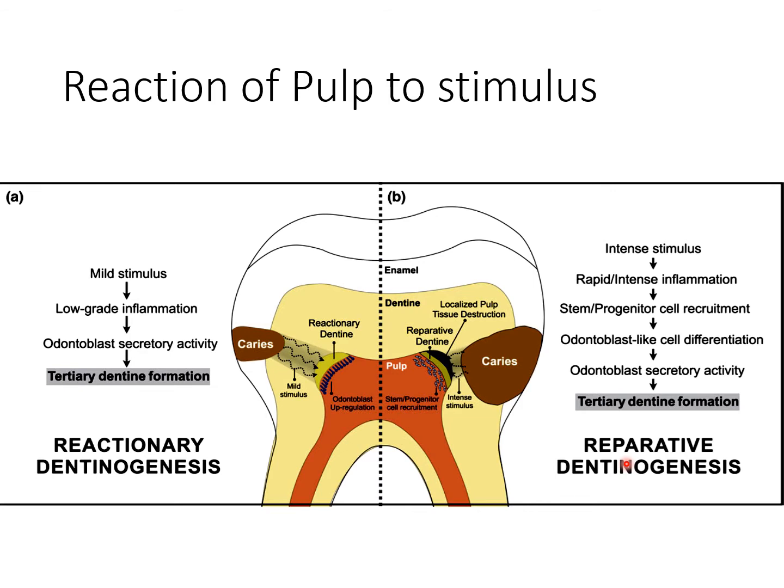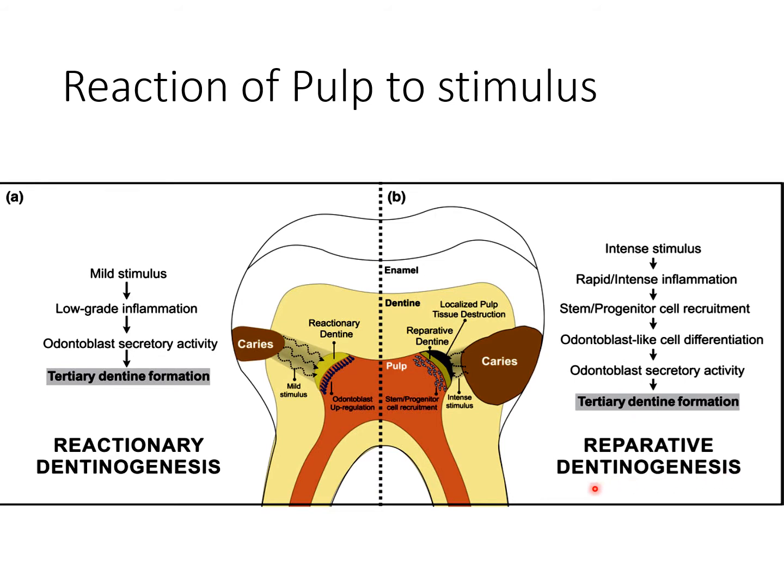In contrast, if the stimulus is intense and there is a rapid intense inflammation of the pulp, the odontoblast which are underlying these inflammatory response, they die off, and then they are replaced by stem progenitor cells in the pulp tissue, and these cells differentiate into odontoblast like cells, and these odontoblast like cells initiate the dentinogenesis, and then you have a tertiary dentine formation.